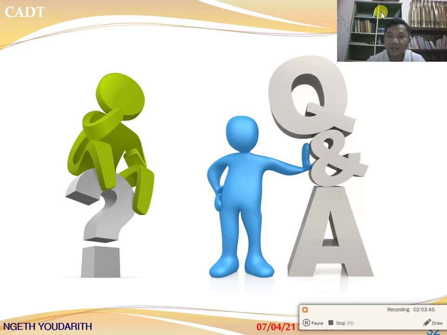In the next video we talk about the eigenvalue and eigenvector, and then the diagonal of a matrix. What is the diagonal of a matrix? Before we go to the diagonal matrix, we need to know about the eigenvalue and eigenvector.